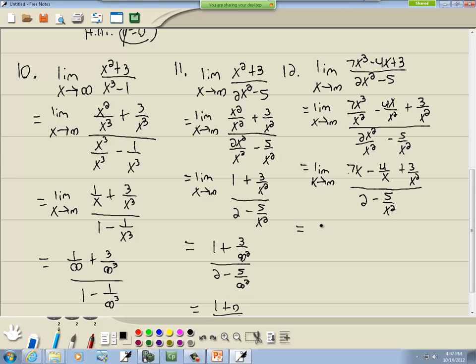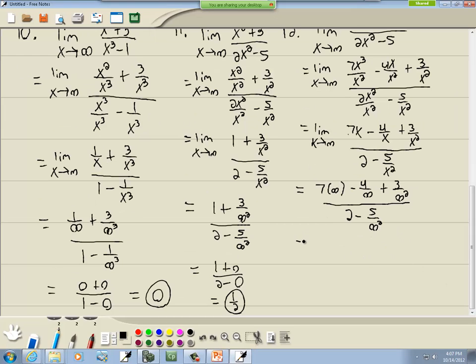Well, if we plug in infinity now, we'll have 7 times infinity, minus 4 over infinity, plus 3 over infinity squared, over 2 minus 5 over infinity squared. Well, these 4 over infinity, 3 over infinity squared, 5 over infinity squared, those are all zeros, so those cancel away.